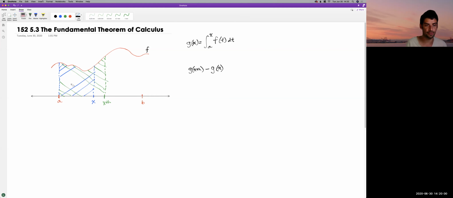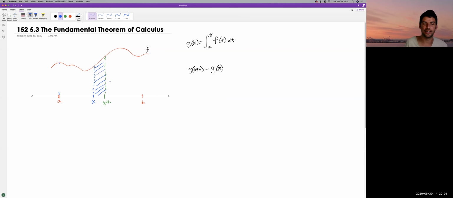So let me erase some things. Hopefully I can get just the pieces I want. Let's put a new color in here. I'm just going to get the area between these two graphs. Let's just make it blue. All right. I'm going to get this.